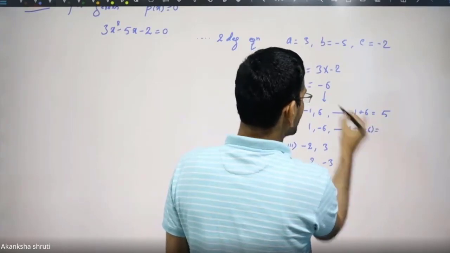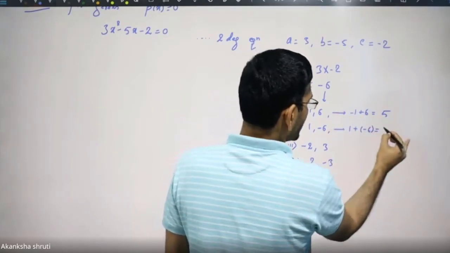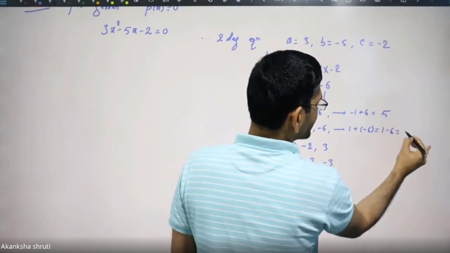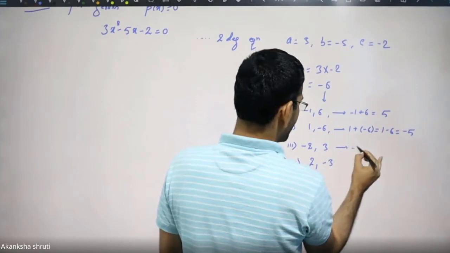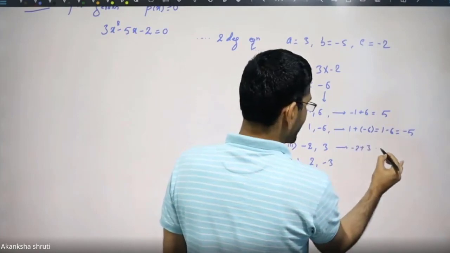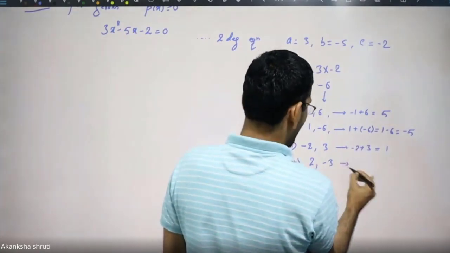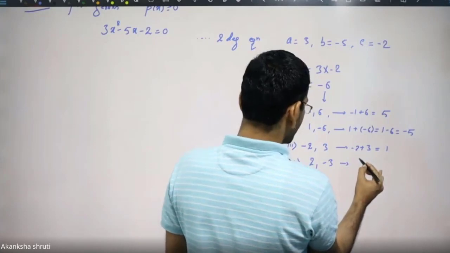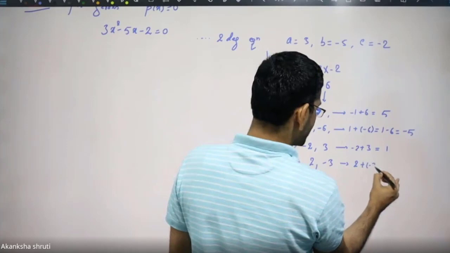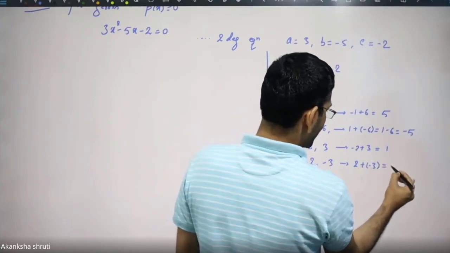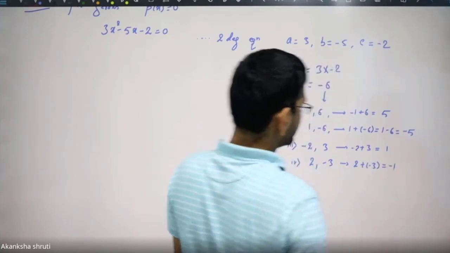Whatever sign you have considered, do not forget it. It is like 1 minus 6, which is -5. Add this: -2 plus 3 is 1. Add this: 2 plus -3 is minus 1.